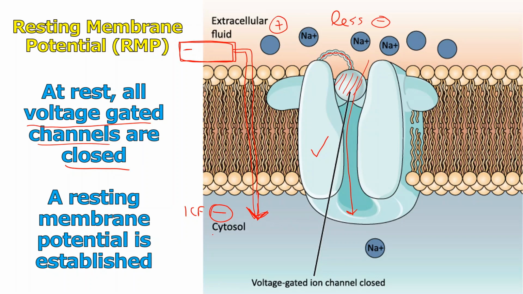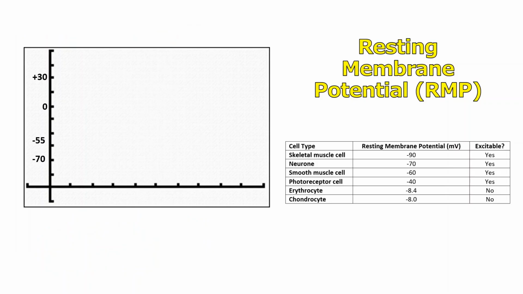Notice they're calling it cytosol. It's another term for the cytoplasm. The number is -70, and it's recorded in volts, but these are very tiny fractions of volts, thousandths of volts, so we're going to call it 70 millivolts. -70 millivolts will be a great resting membrane potential.